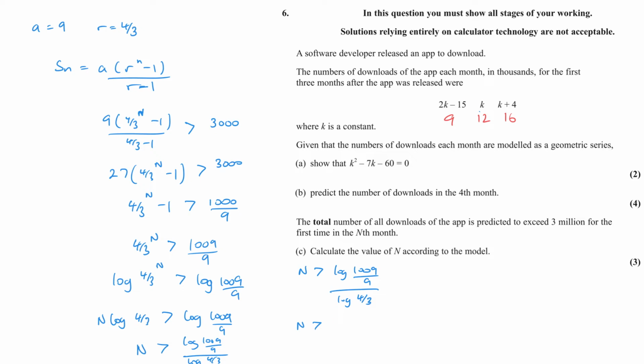And that gives me 16.405. So n equals 17. Okay, and that's all there is to it for part C.